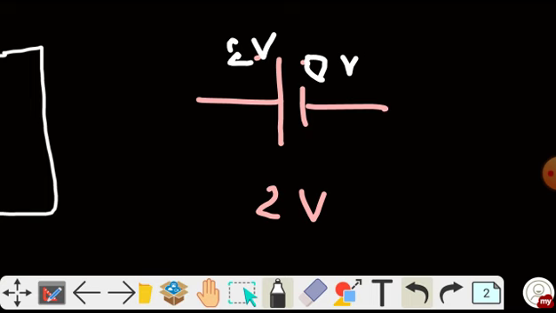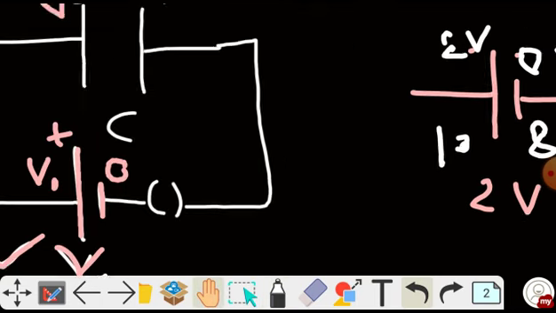But someone might take the potential as 10 volt, so in that case the potential of the negative plate will become 8 volt. So it is your choice, whatever you want to choose, but in most cases this is preferred: we take the potential of the negative plate as 0 and the positive plate as V0. So this is the case here.